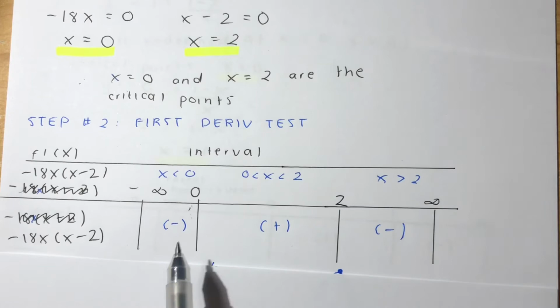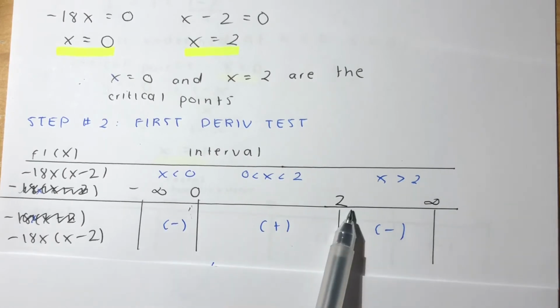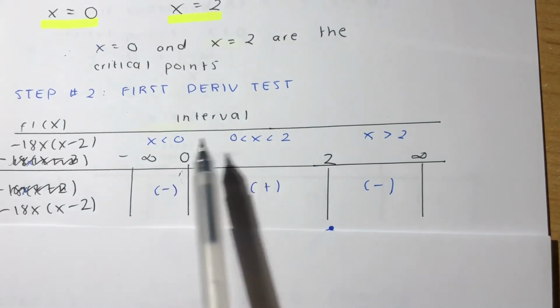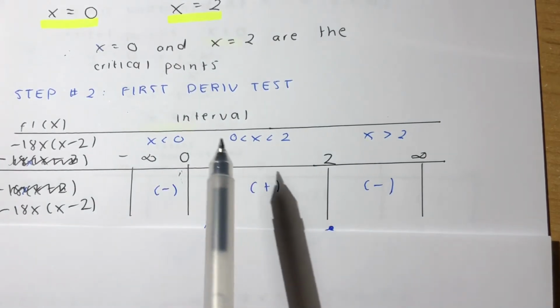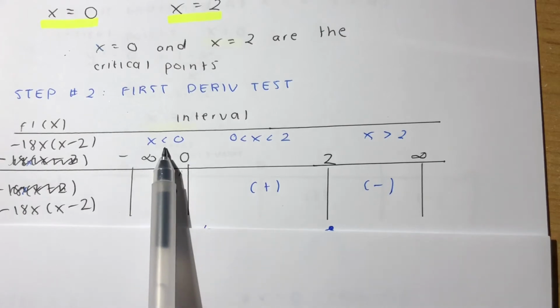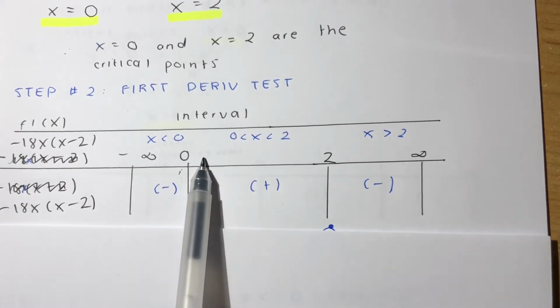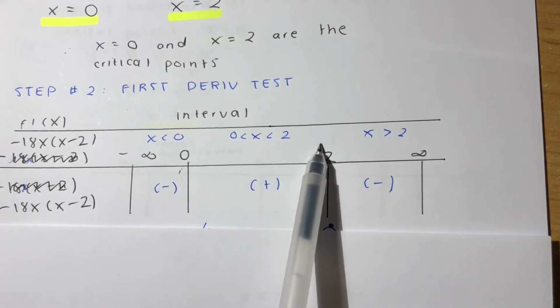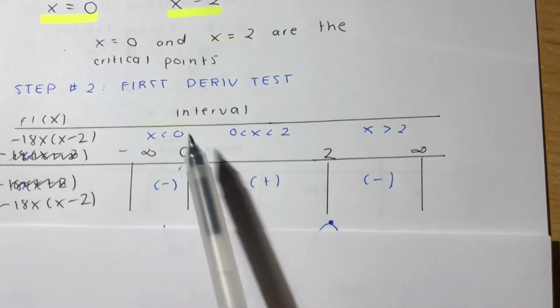We have our critical numbers 0 and 2, and we're going to set it up in our number line or in our chart using intervals. So if our critical points are 0 and 2, we have the interval x is less than 0, x in between the critical points, and x greater than 2, our greatest critical point.